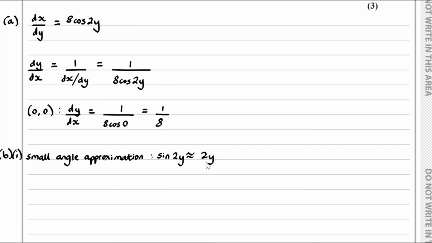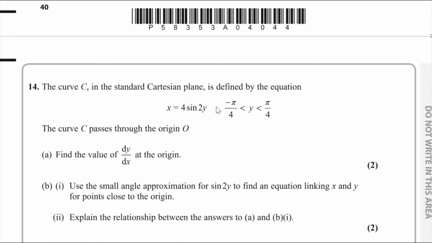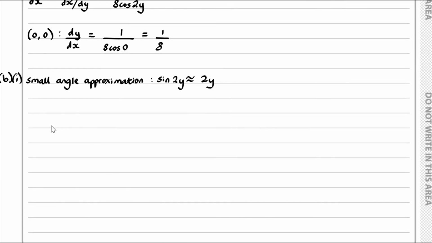And therefore, we can replace the sine of 2y with 2y. So we have x equals 4 times 2y, which is 8y. And therefore, y is equal to 1/8 x.